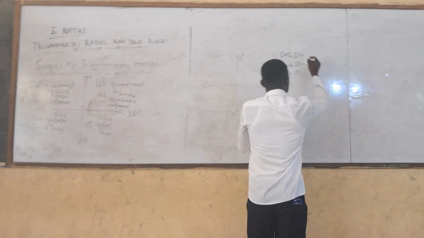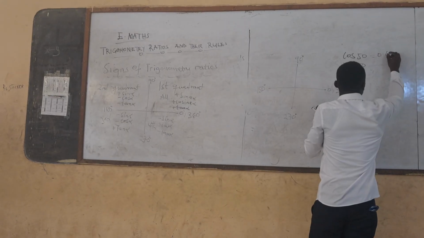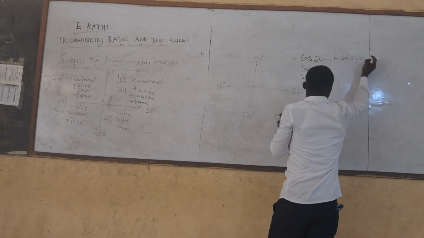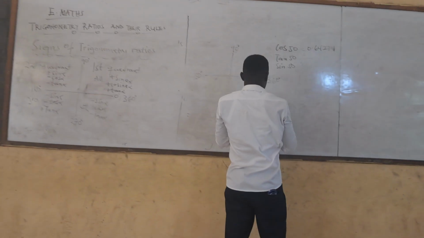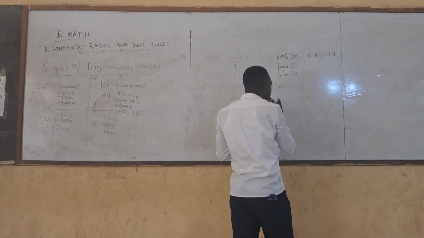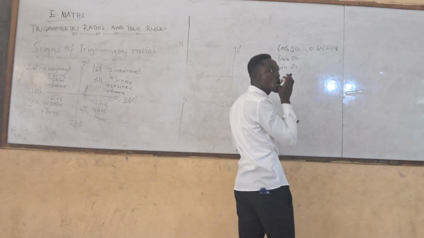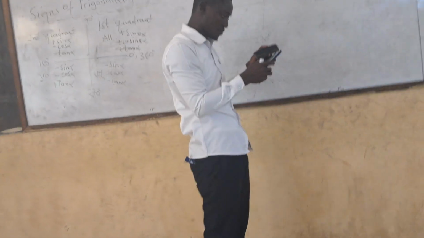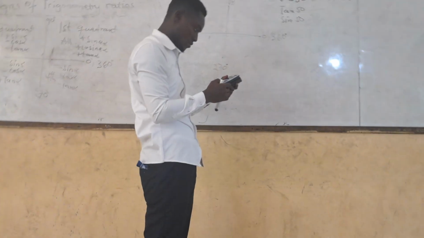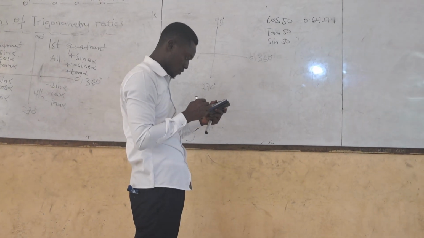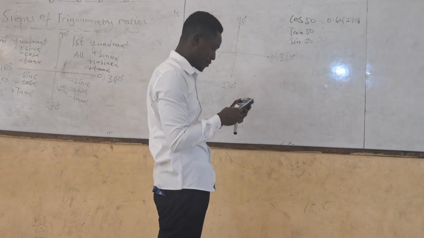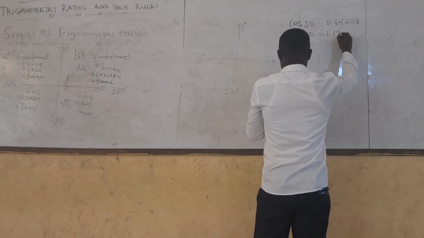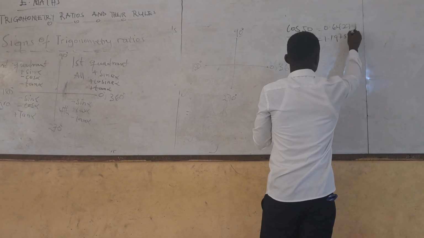So for instance, cos 50 is 0.64279. If you take tan 50, you get 1.19175.